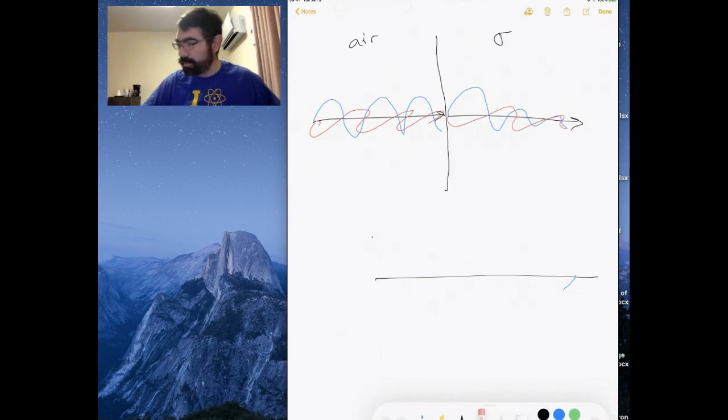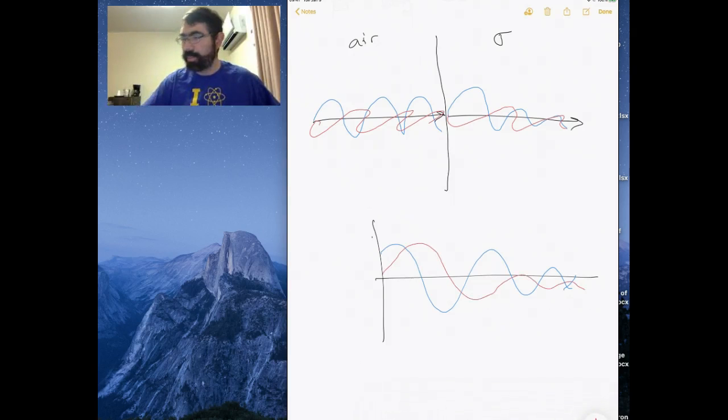Let me start again. What you get is the electric field dampening out, magnetic field dampening out, but now out of phase with the electric field. So in the air, the two waves are in phase with each other. They have a maximum at the same time. They have a minimum at the same time. Inside the conductor, now they shift with each other so that they're no longer in phase.